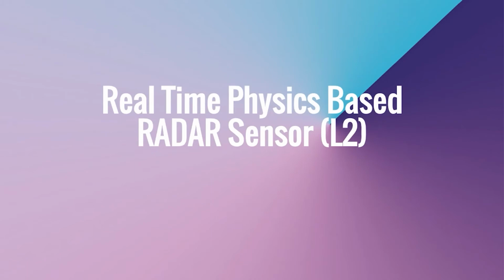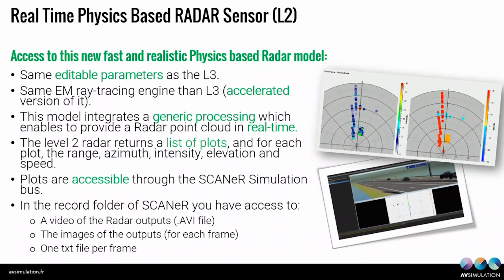For the real-time physics-based radar sensor, what are the differences with the level 3? It's not on the parameters of the radar, because you can edit the same parameters as the level 3: the aperture, the resolution, the frequency, everything that we have seen before.